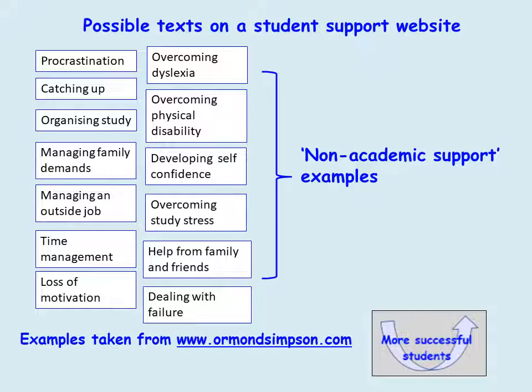The kinds of texts you will have depend on your particular institution. I haven't got time here to describe them all, but you can find examples on my website, www.ormansimpson.com.